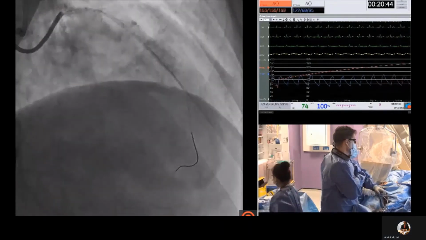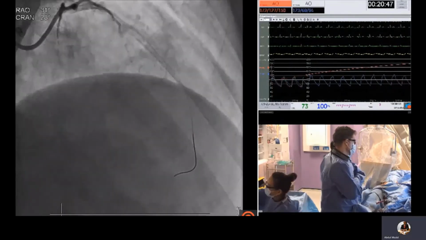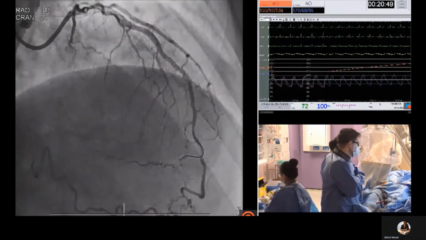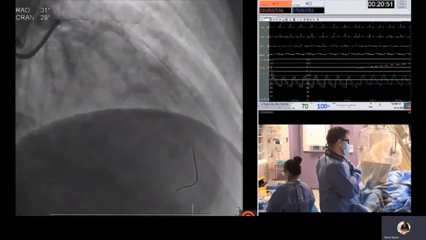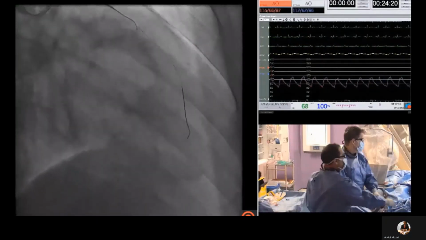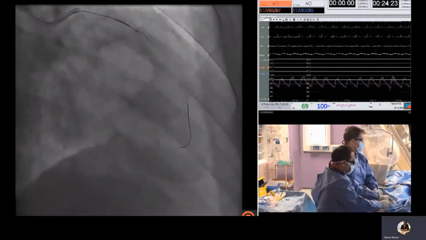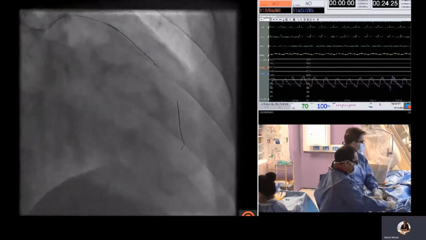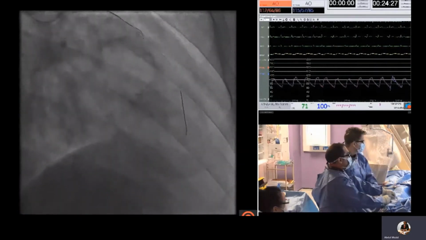So again, there does not appear to be any clear septal communications. But nevertheless, often it is possible to cross septals even when they are not clearly visible.